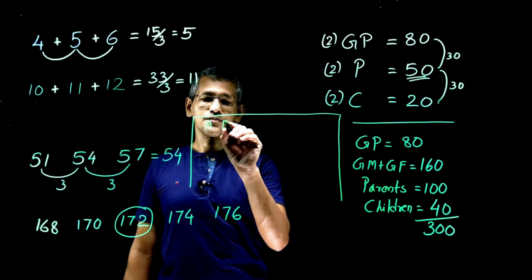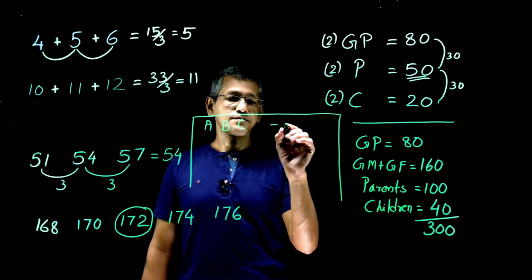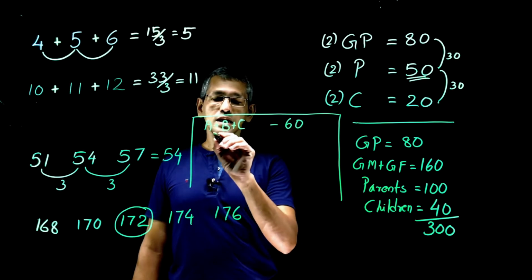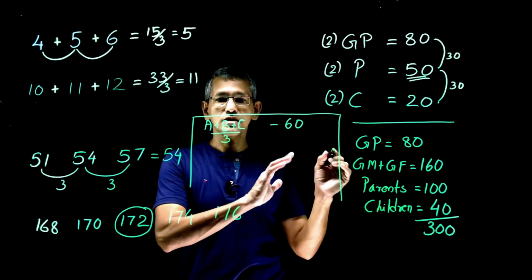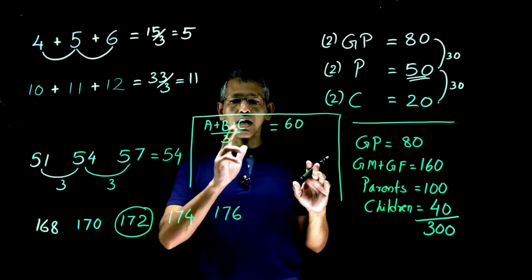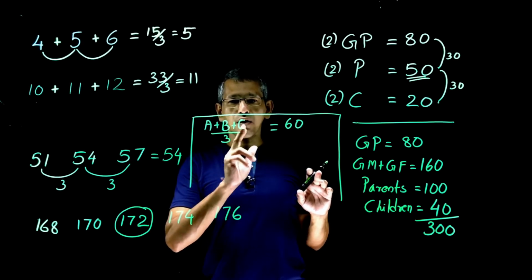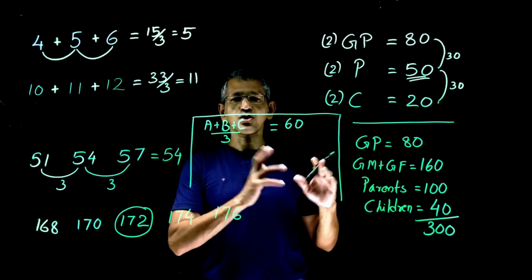A, B, C. The average marks of these 3 students is 60. That means A plus B plus C divided by 3 is 60. So average marks is given as 60. And it clearly says that the marks of C is exactly half of the total marks.